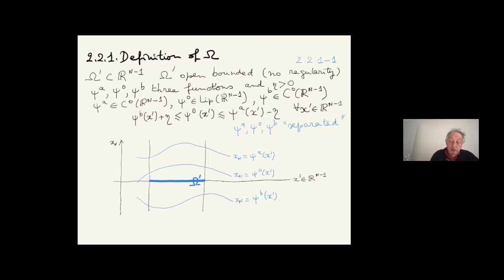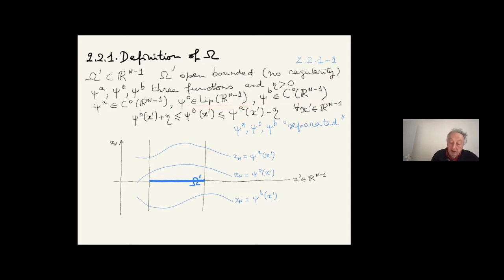Then I have 3 functions, psi-a, psi0, and psi-b, which are defined on R^(n-1). Psi-a is a continuous function, psi-b is a continuous function, and psi0 is a Lipschitz function.